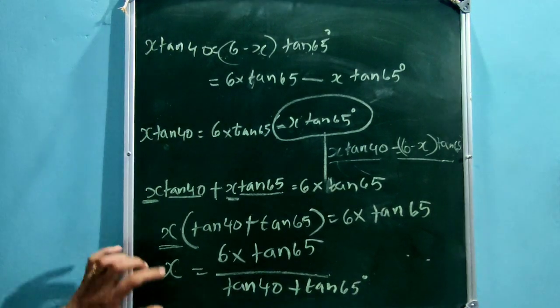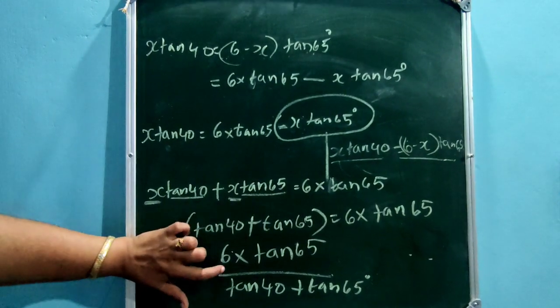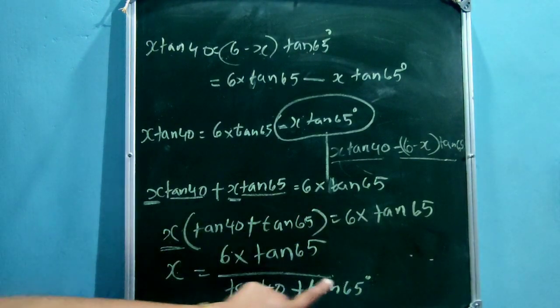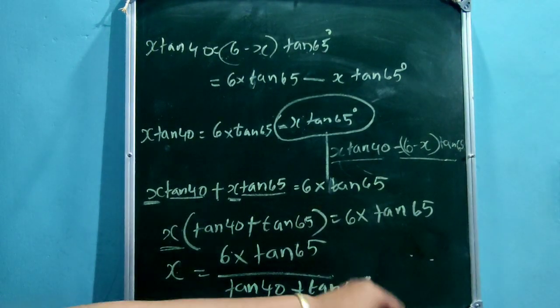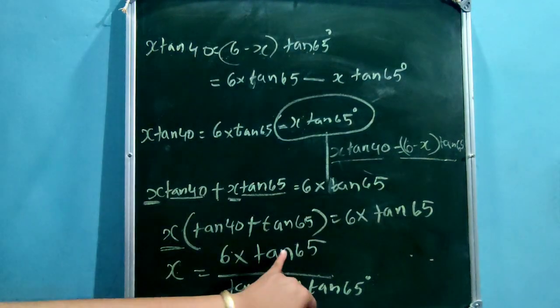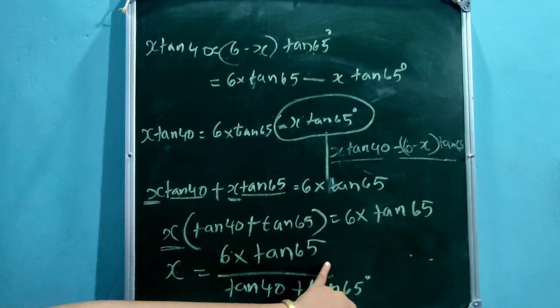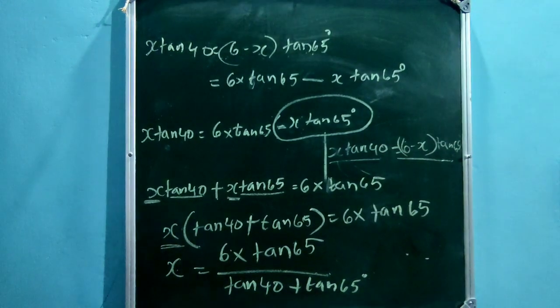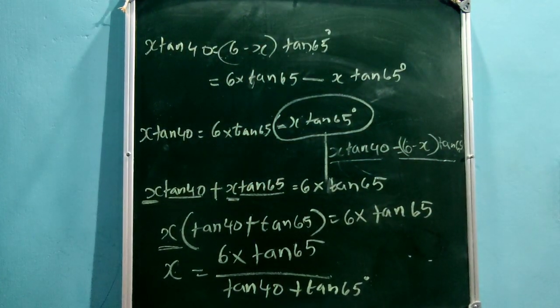So we have x is equal to 6 into tan 65 divided by (tan 40 plus tan 65). Now we just substitute the value of tan 65 and tan 40 here. Then we will get an answer.